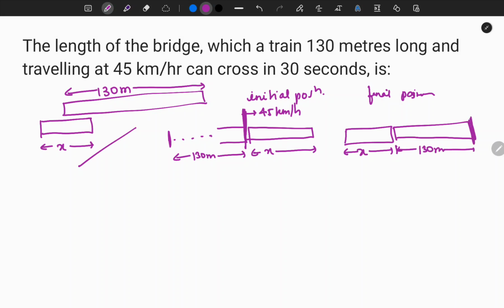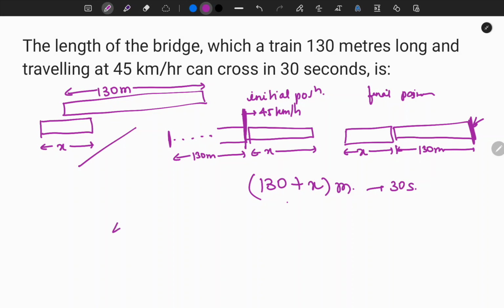So this is your final position, and the front of the train has covered 130 meters plus the length of the bridge. It needs to cover this distance in 30 seconds.